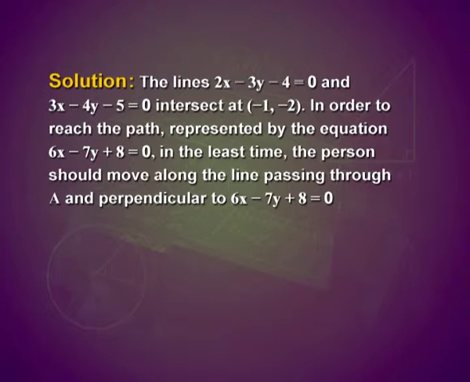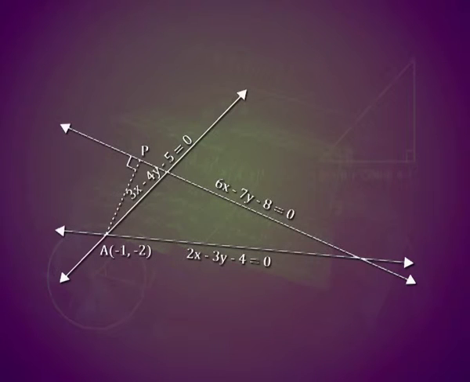In order to reach the path represented by the equation 6x minus 7y plus 8 is equal to 0 in the least time, the person should move along the line passing through A and perpendicular to 6x minus 7y plus 8 is equal to 0. We can visualize the question in the figure here. The two intersecting lines meeting at the point.